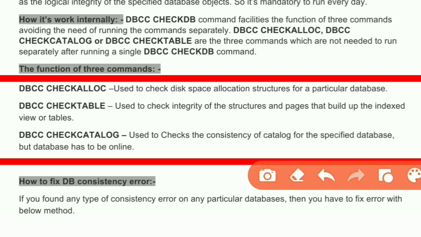DBCC CHECKALLOC is basically checking the disk space allocation structure of a particular database. DBCC CHECKTABLE is used to check the integrity of the structure and pages that build up the indexes, views, or tables. And DBCC CHECKCATALOG is used to check the consistency of the catalog for a specified database, but the database has to be online.